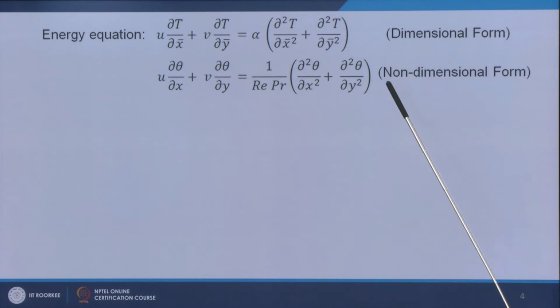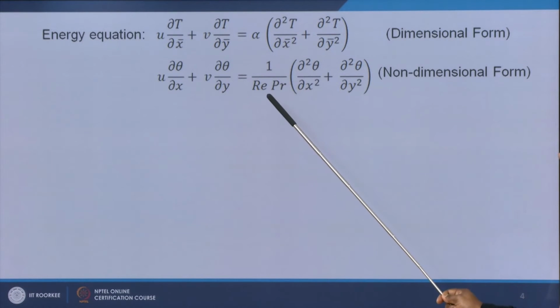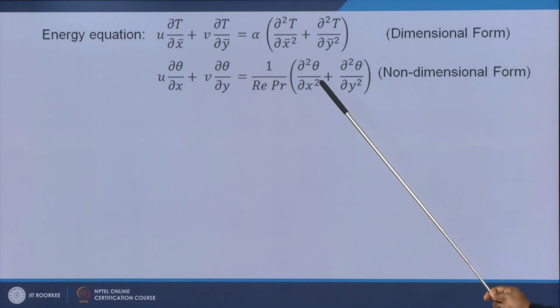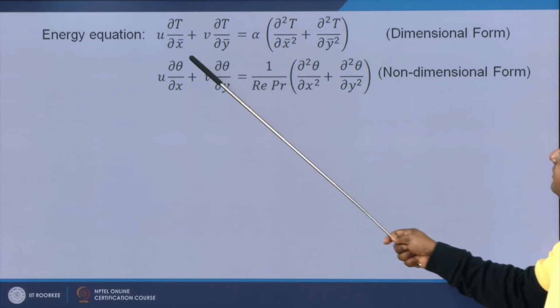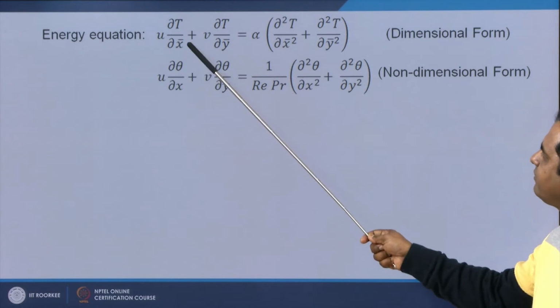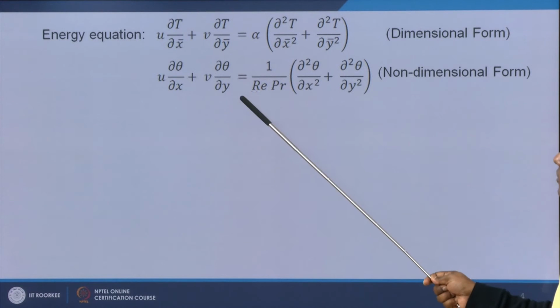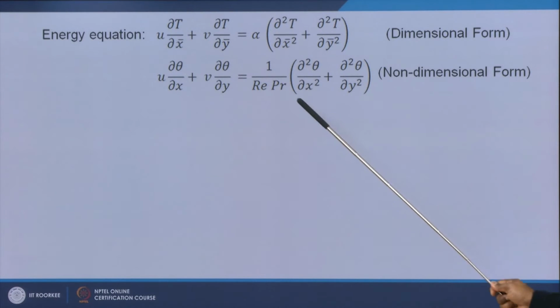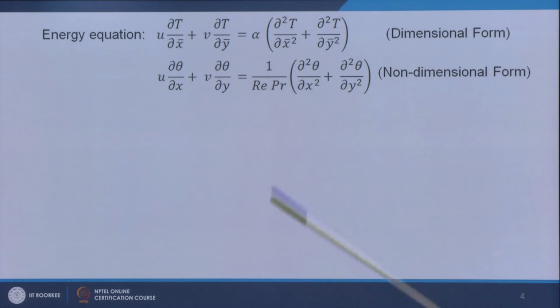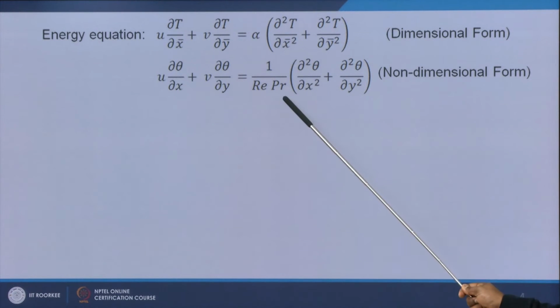Now if you do the non-dimensionalization, it becomes 1 by Re Pr. What we have done essentially is that we have converted x bar to x and y bar to y. As a result, this Re Pr came over here. Alpha is actually giving rise to this Peclet number, or Re Pr.